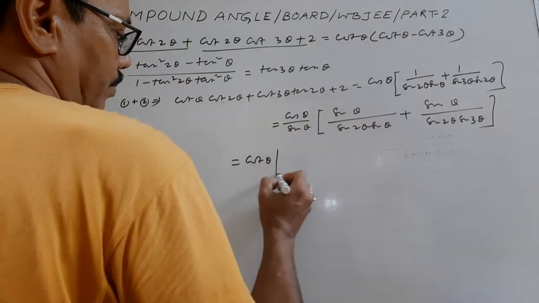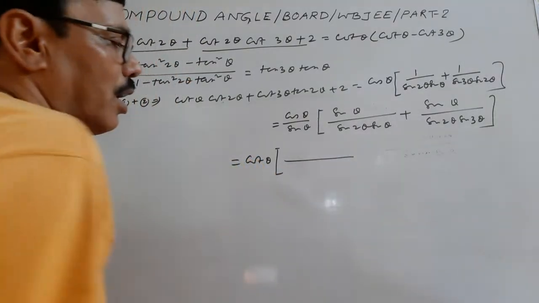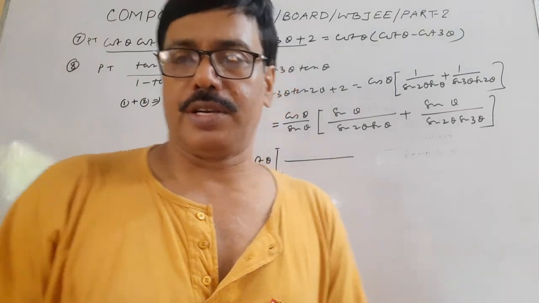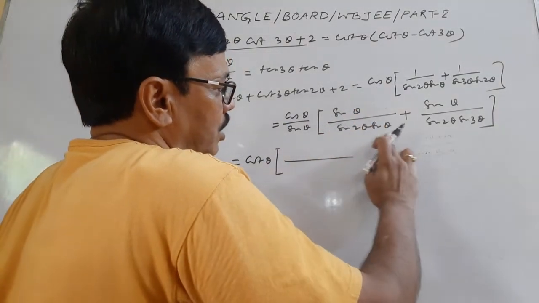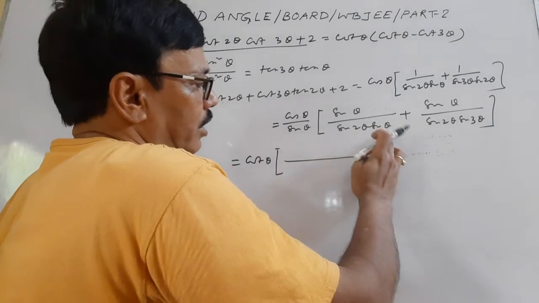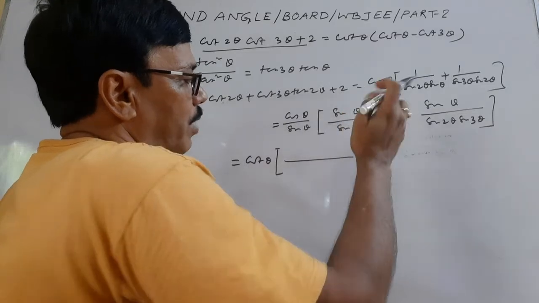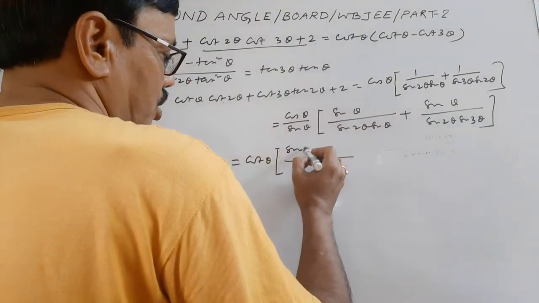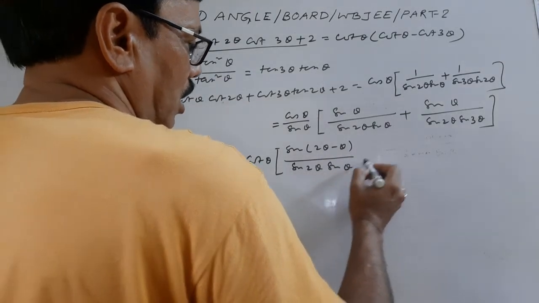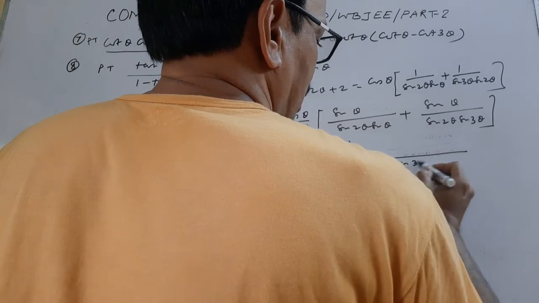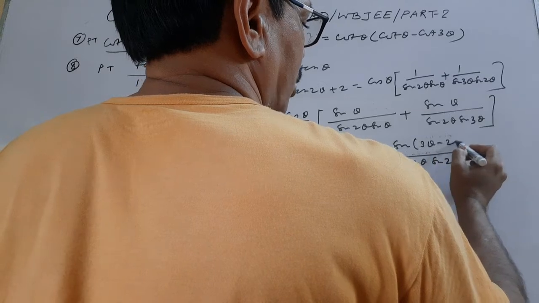These are also in terms of cot. An important observation: you have to express the angle of the numerator in terms of the angles of the denominator. So this is sin(2 theta minus theta) over sin 2 theta sin theta. Similarly, this is sin(3 theta minus 2 theta) over sin 3 theta sin 2 theta.